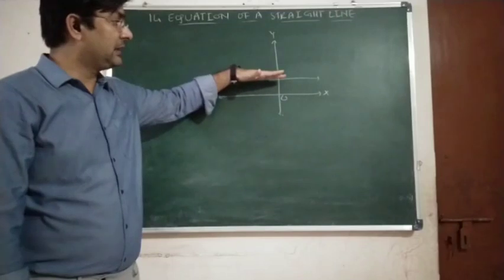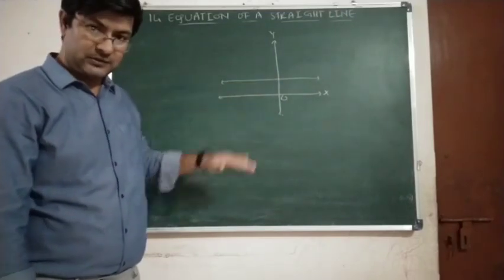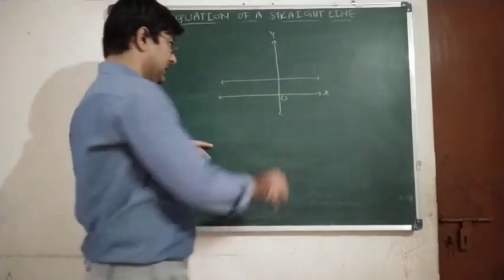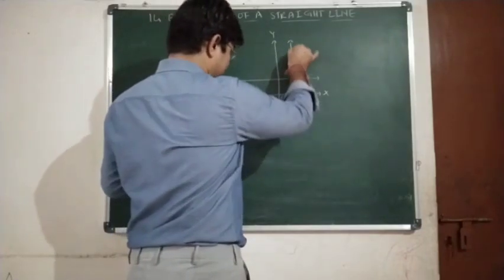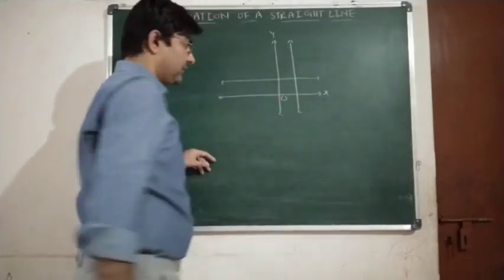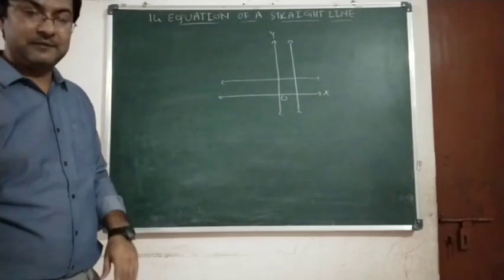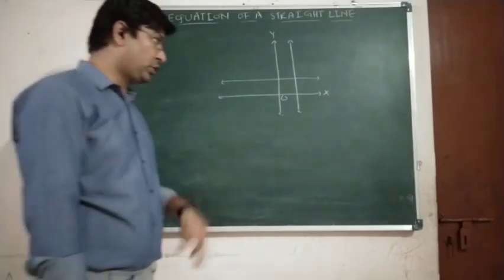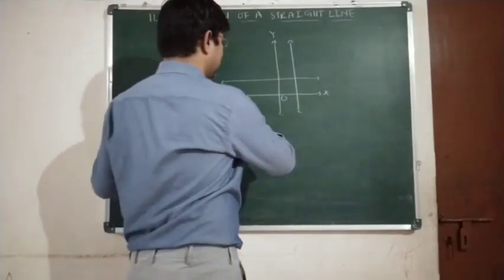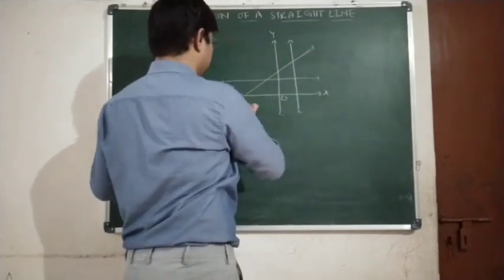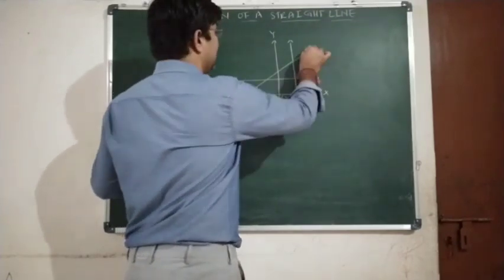Clear? So any line which is parallel to x-axis is called a horizontal line, and any line which is parallel to y-axis is called a vertical line, and a line which is neither parallel nor perpendicular to x-axis is called an oblique line.